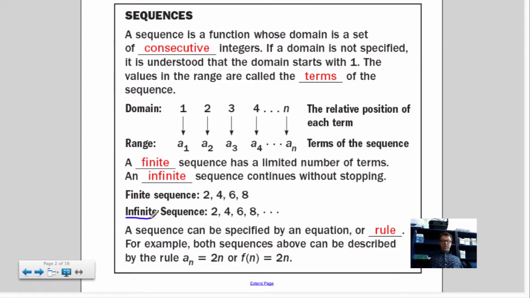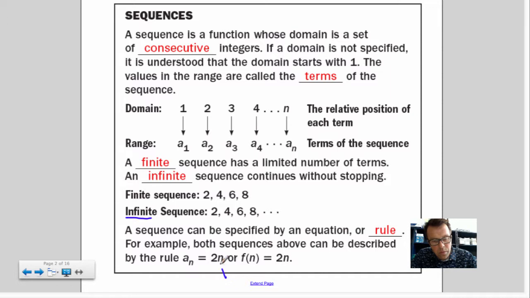A sequence can be specified by an equation, or, if you don't want to use the word equation, you could say it's a rule. For example, both sequences above are described by the rule 2n, right? So n would be 1, 2 times 1 is 2, n would change to 2, 2 times 2 is 4, and n changes to 3, 2 times 3 is 6, and so on. So again, we keep putting these domain numbers, 1, 2, consecutive integers, into the rule.